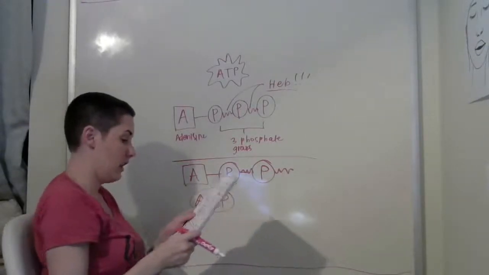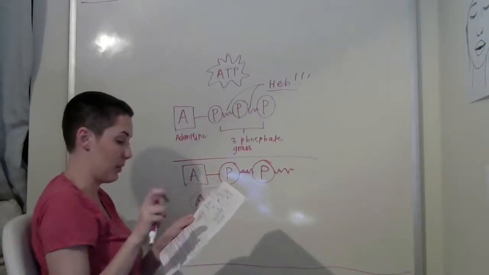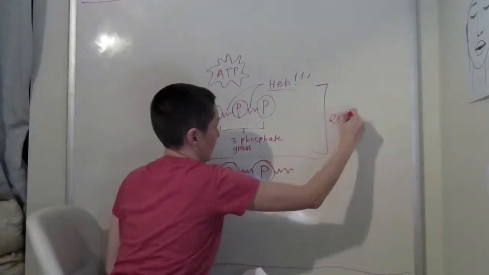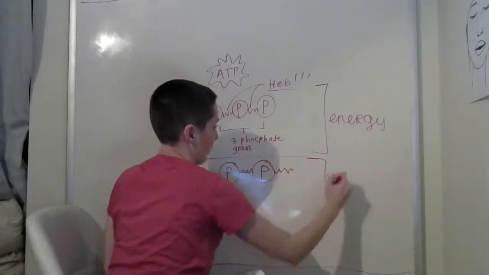All right. So this high energy bond is where the energy comes from to be used, for example, in a muscle contraction. So this is energy. And then this is energy being used.